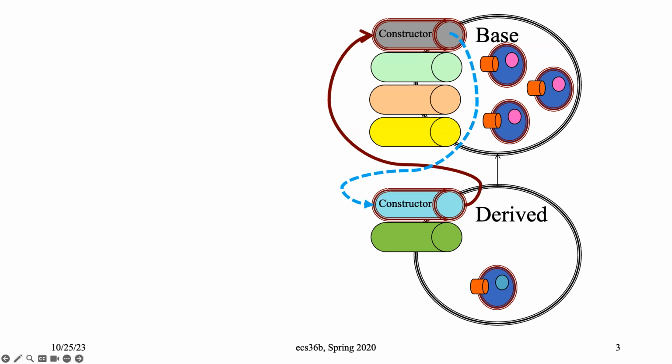When you want to call the constructor, you first call the base constructor. And after that's done, then you come back to invoke the derived constructor. So always go all the way up the inheritance hierarchy, and then from there you trickle down and initialize everything.